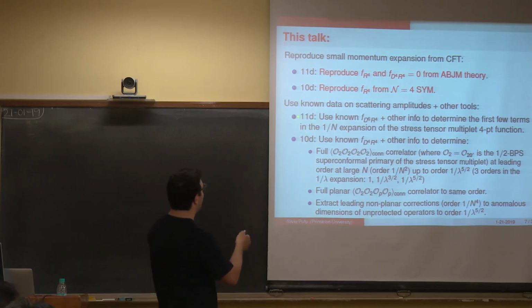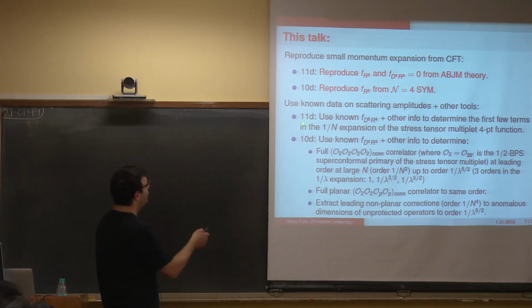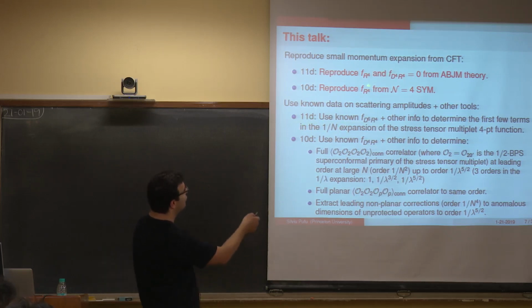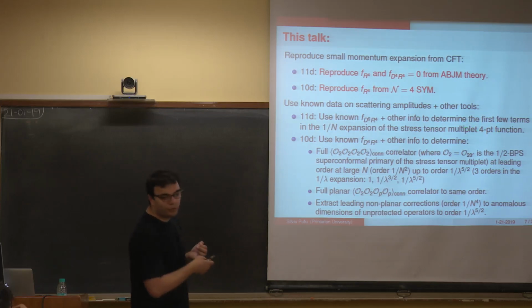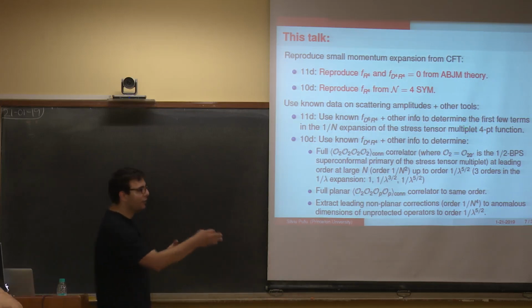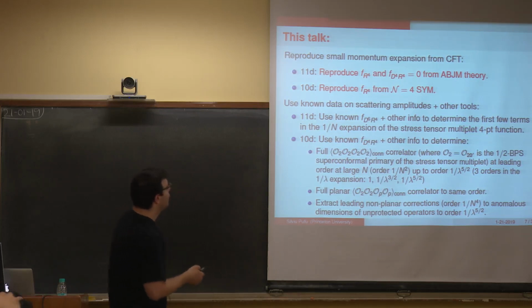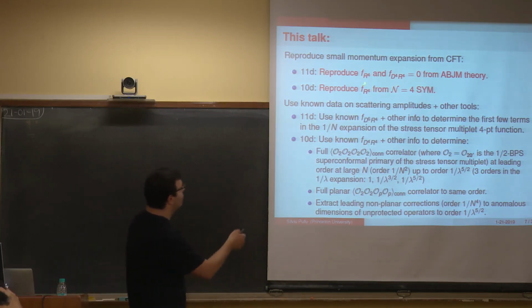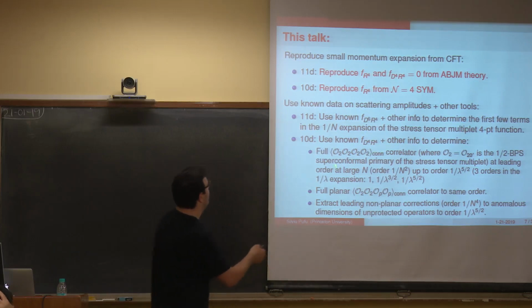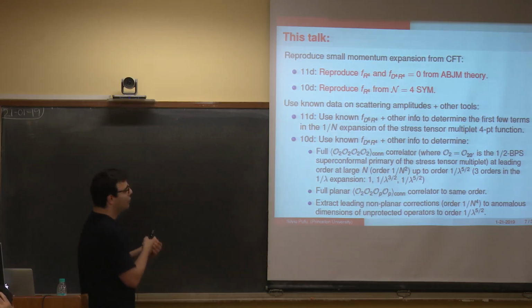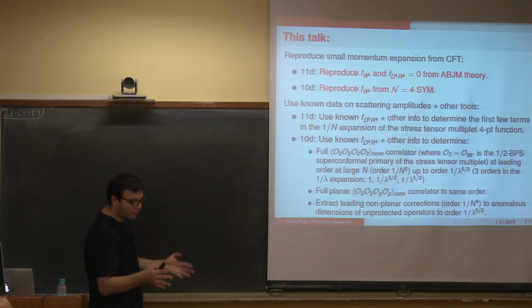So in particular, from 11D, we can use the next thing that we can determine, namely F D to the 6 R to the 4th, that's known, and then the other things that I'll explain, to determine the first few terms in the 1 over N expansion of the stress tensor multiplet 4-point function. And I'll show you exactly how far one can go. And in 10D, we can use the next one that we can determine, namely F D to the 4 R to the 4th, to learn more about the CFT 4-point function.